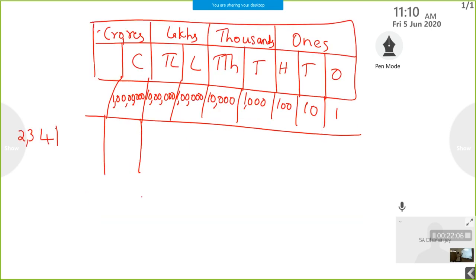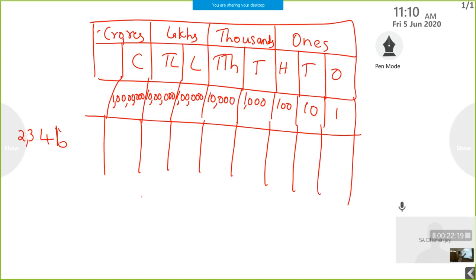When you write this number in a place value chart, starting from the right end, 6 comes in the ones place, 4 comes in the tens place, 3 comes in the hundreds place, and 2 comes in the thousands place.